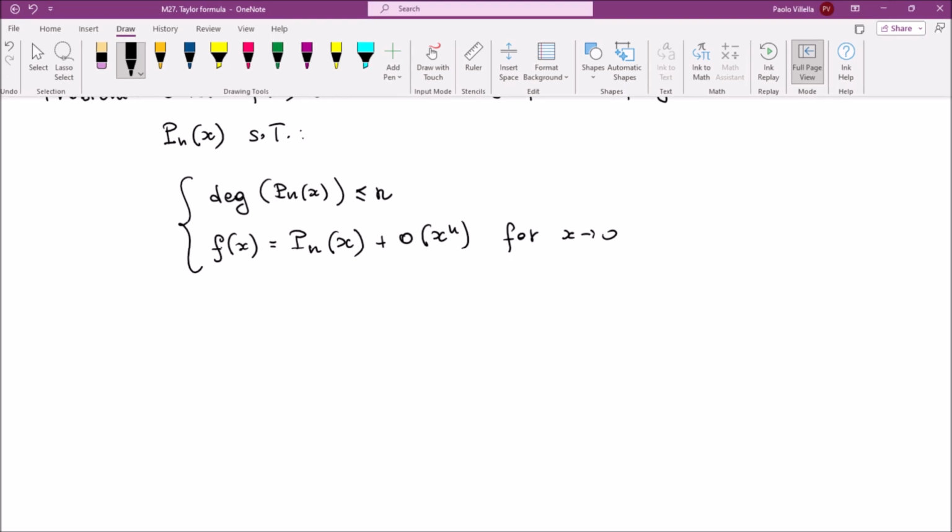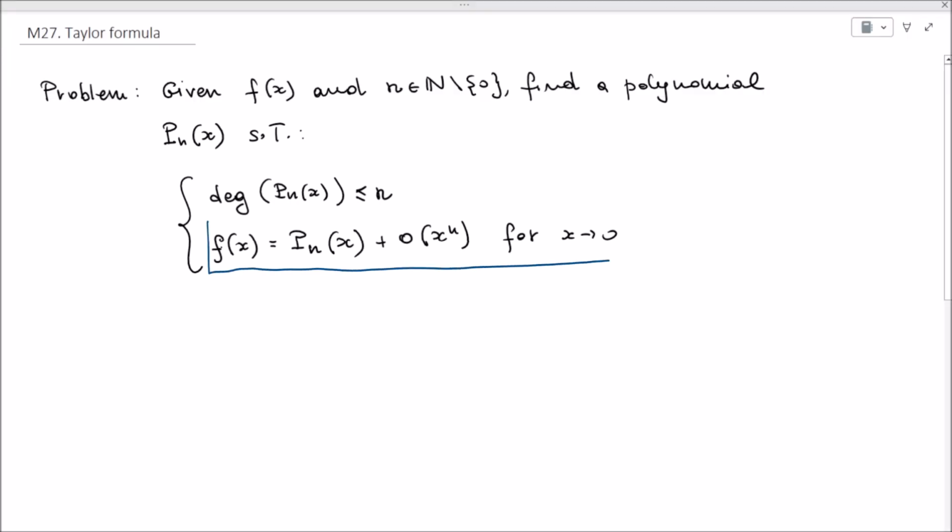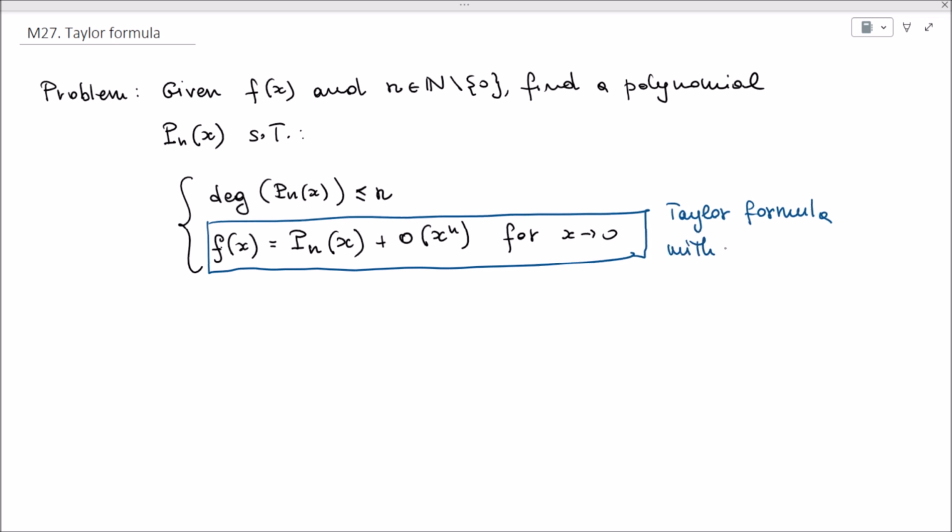Now, this last equality is what we call the Taylor formula with Peano remainder.